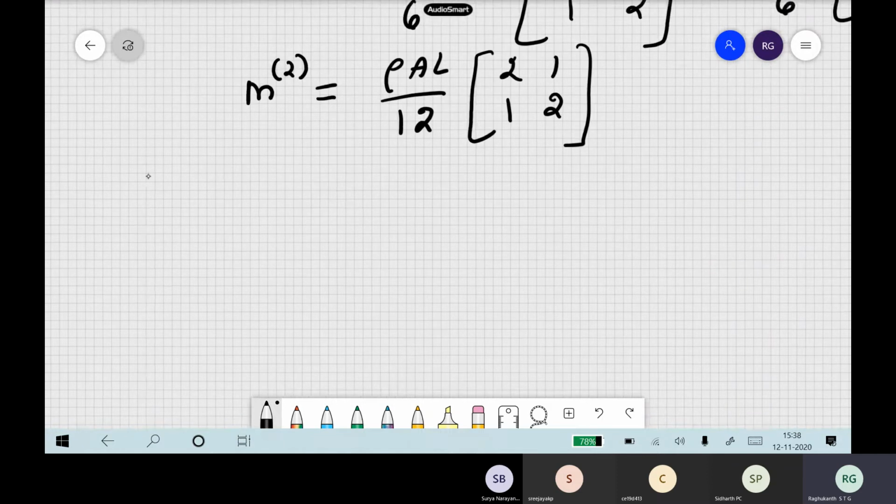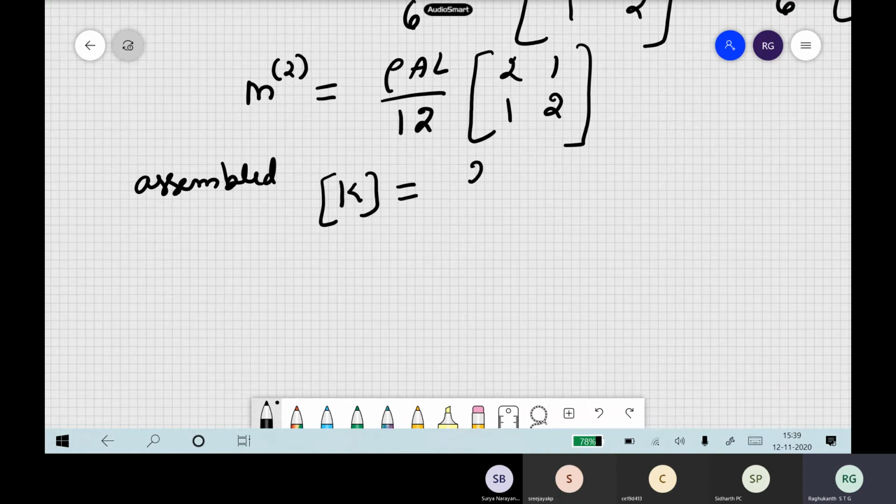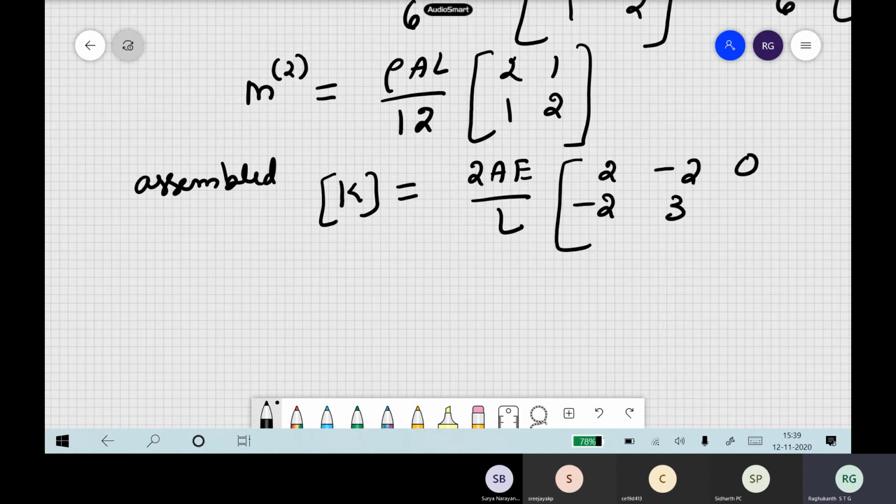Now you combine and assemble the mass matrix and stiffness matrix. I hope all of you know this; you would already have done it. So 2AE by L times [2 -2 0; -2 3 -1; 0 -1 1].